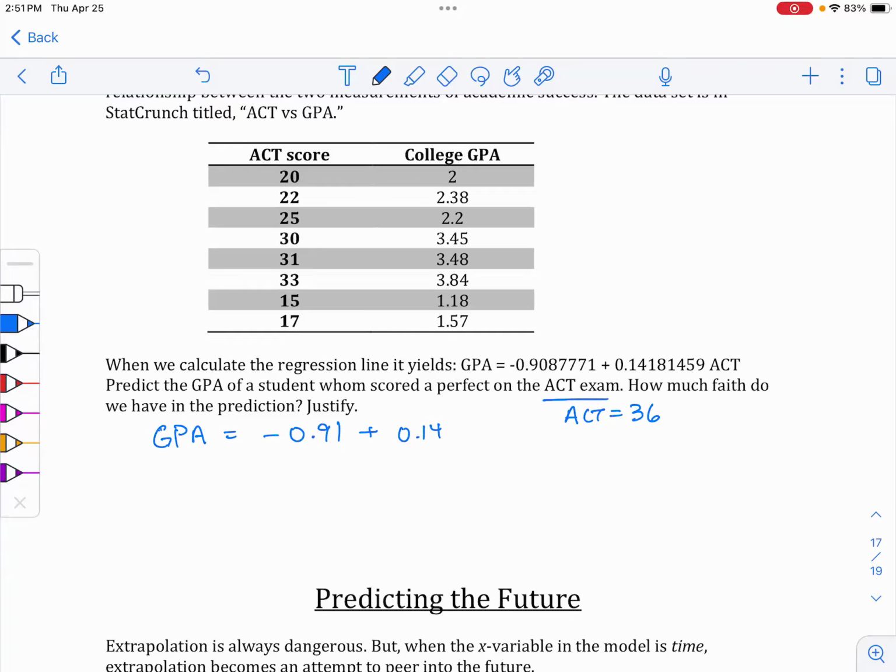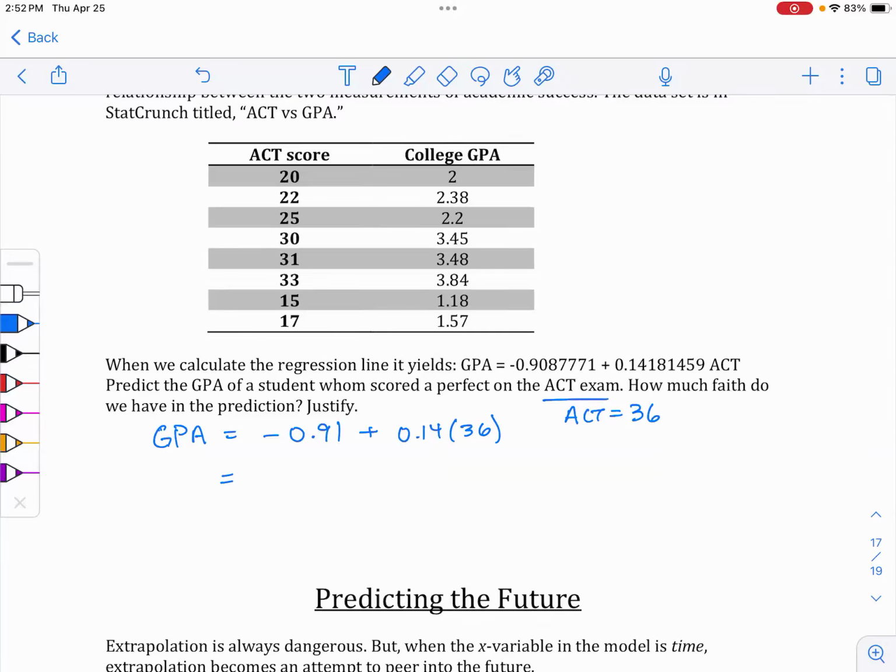So that means, just like y equals mx plus b, I'm given a particular x and I want to find my y value. Given an ACT value, I want to find the GPA. And this is a real strength of regression, because the simple concept is that all you have to do is replace that value ACT with the number 36 and then calculate that value.